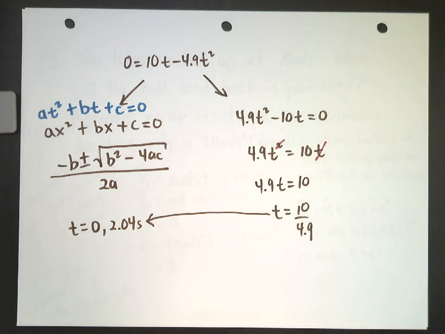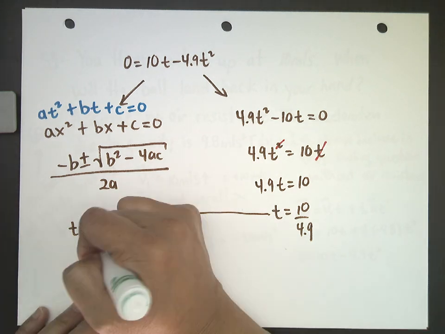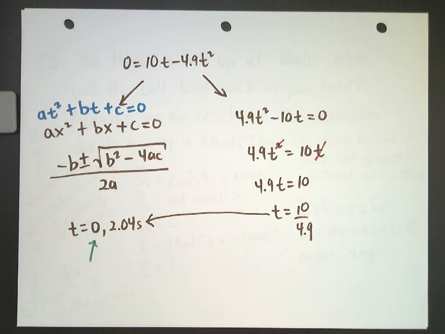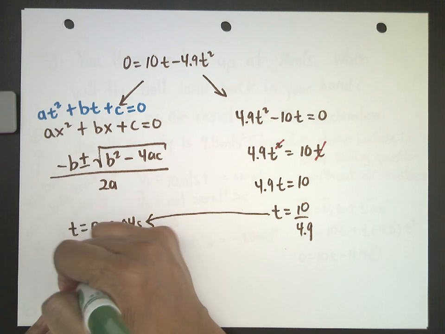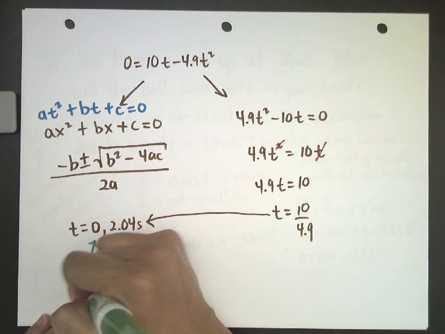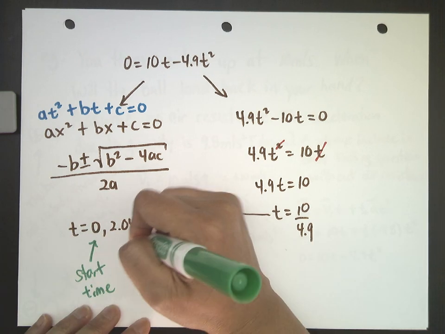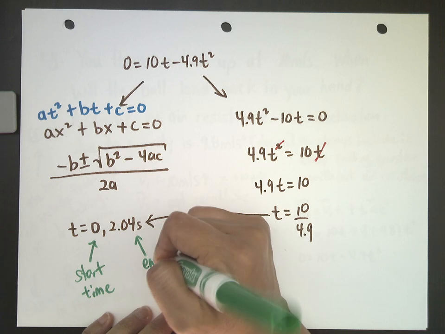So now you have two solutions, which totally makes sense, because when was the ball in your hand? At the start and at the finish. So this here shows you exactly when the ball is in your hand. At the start, the ball was in your hand at time 0, and this here is your end time.